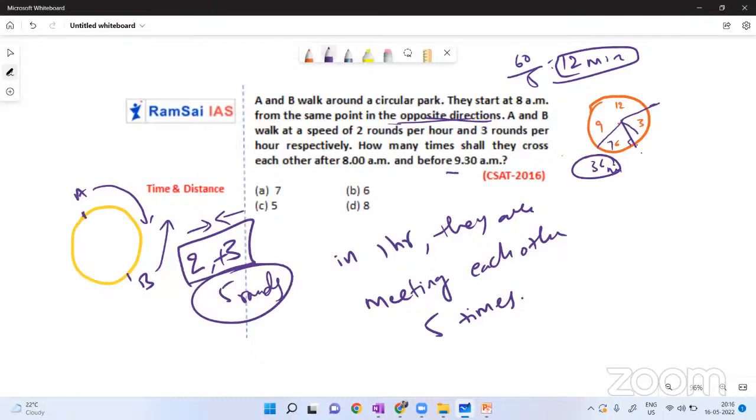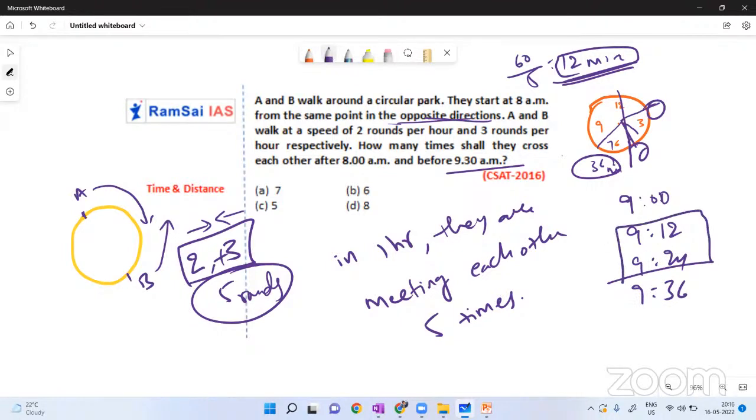So by 9:30 means only 2 times now. Are you getting? For every 12 minutes they meet each other. So logically, if they meet each other at 9 o'clock, second time they have to meet at 9:12, next 9:24, next 9:36. So before 9:30 there were only 2 meetings, and it comes after the previous 8 to 9. Okay, 8 to 9.